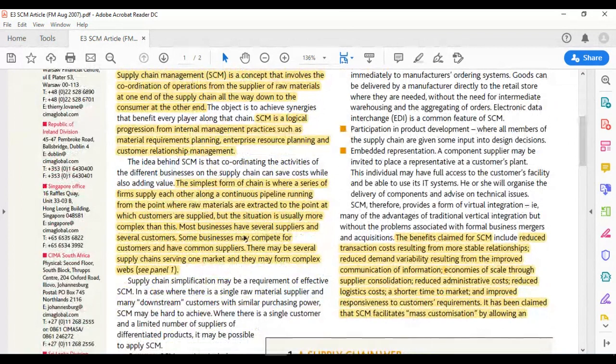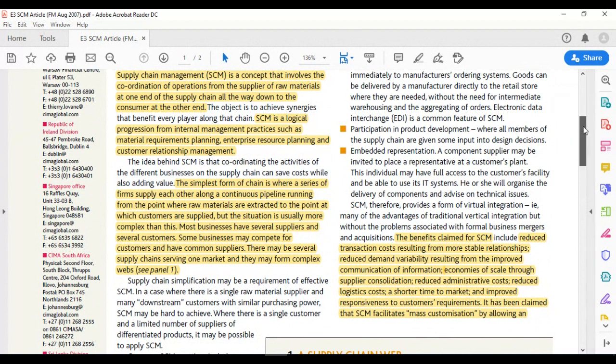Further, on explaining what a supply chain is, in its simplest form, a supply chain is a series of companies that supply each other along a continuous pipeline running from the point where raw materials are extracted to the point at which customers are supplied. But situations are normally more complex than that.